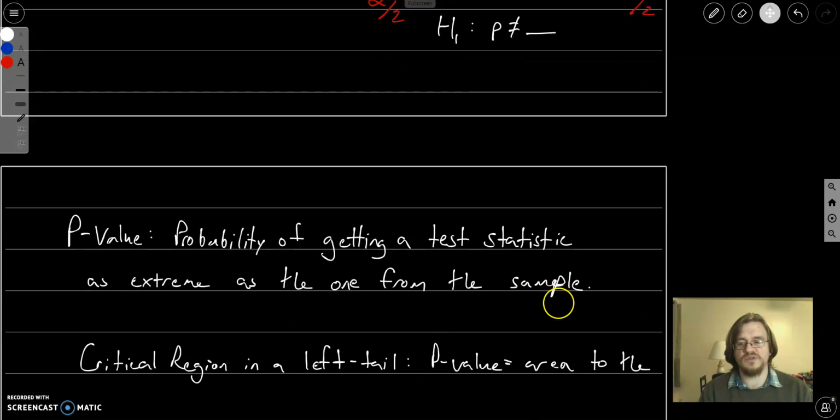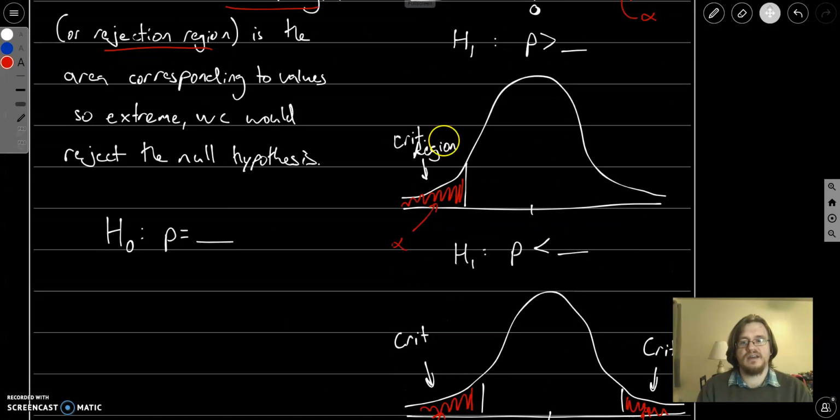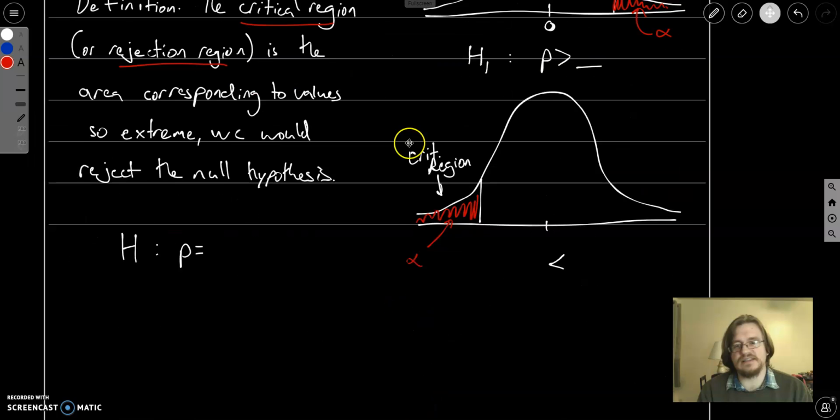The first way we'll look at is p-values. The p-value is the probability of getting a test statistic as extreme as the one from the sample. In our example, our test statistic was 2.54. Is that unusual? What's the probability of getting 2.54 as a test statistic?